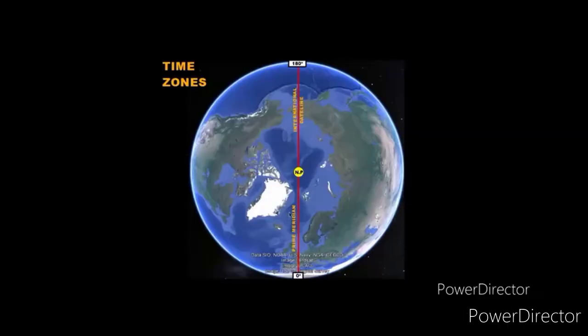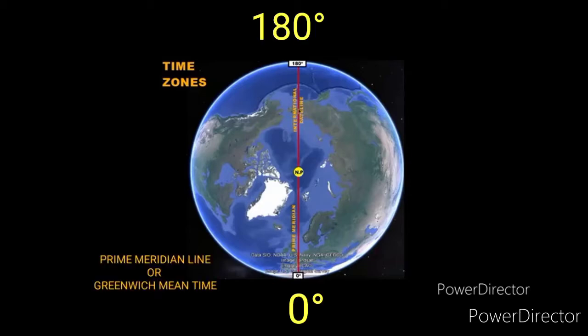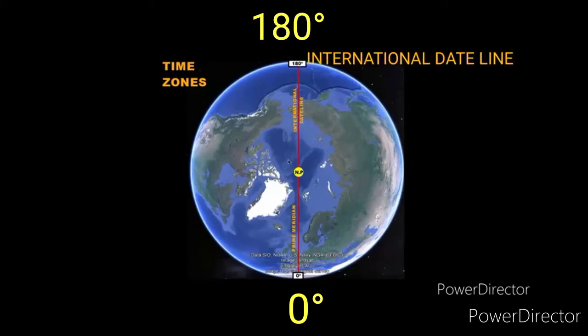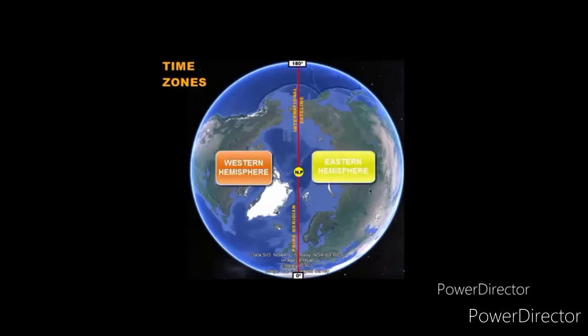Now let's discuss how longitudes play a prime role in measuring time and defining the boundary between calendar dates. Longitudes have two main lines. The first is the prime meridian line at 0 degree and the second is the international date line at 180 degree, which is just opposite to the prime meridian line. The prime meridian line divides the earth into two equal parts, the western hemisphere and the eastern hemisphere.